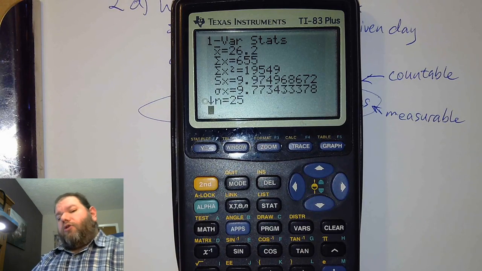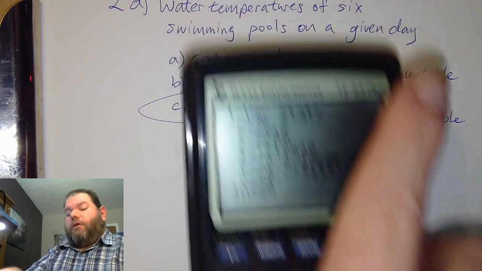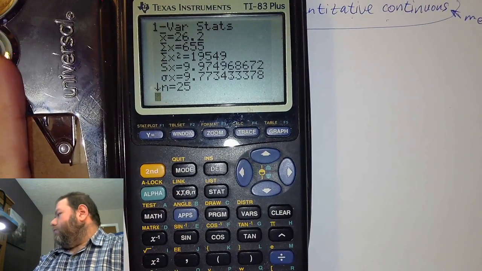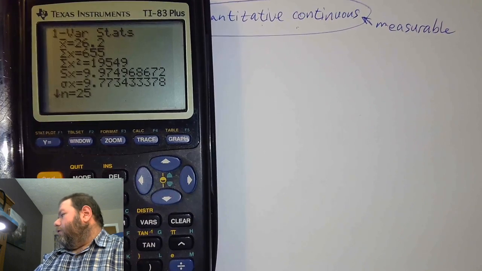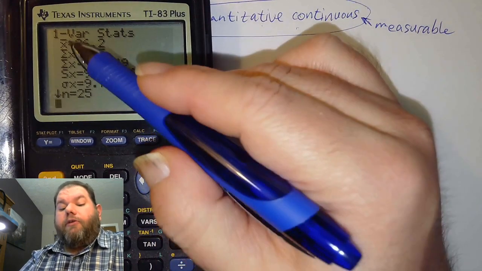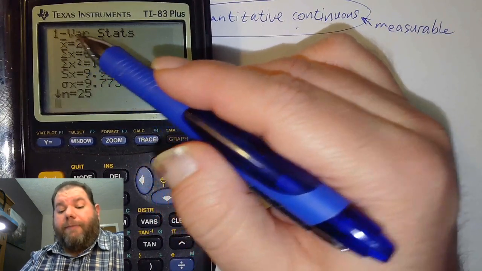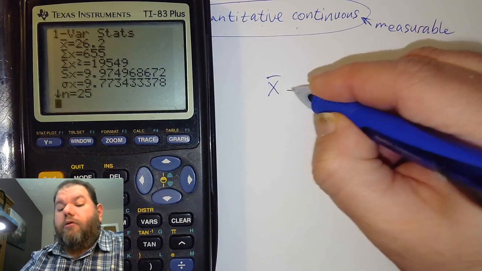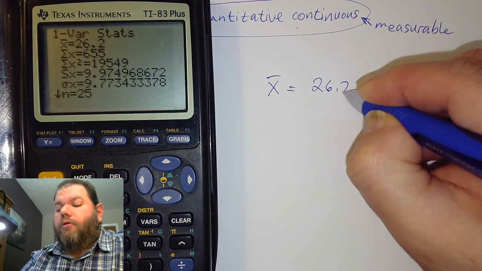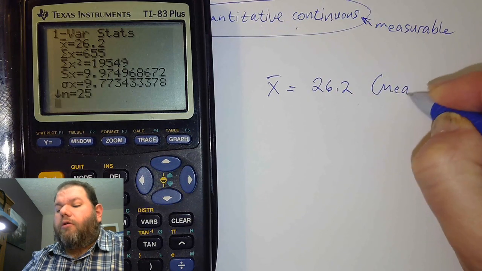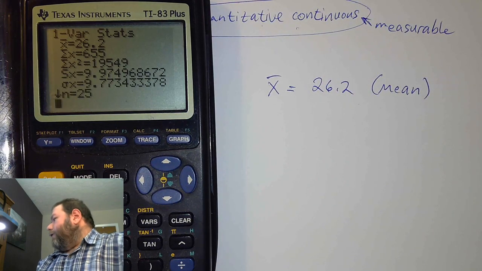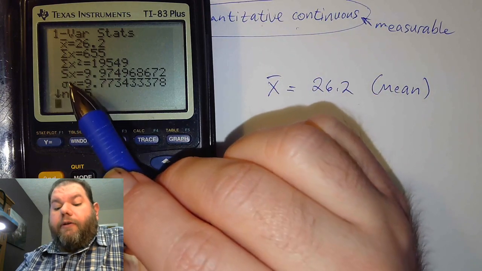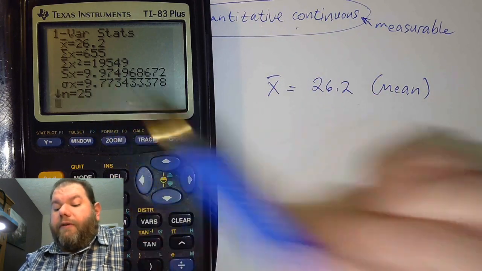So, just from this, I'll go ahead and write some of these down. X with the bar over it, appropriately called X bar. That's our mean. We also have SX, which is 9.97.